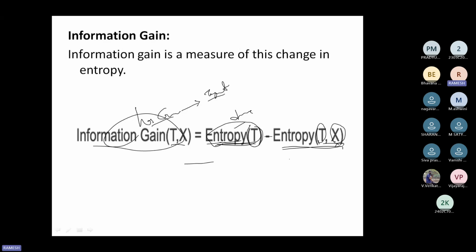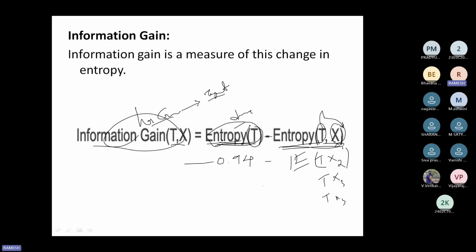Now we'll calculate the entropy of the target variable with respect to each feature: x1, x2, x3 and x4. The entropy of the target is directly 0.94 minus this one.